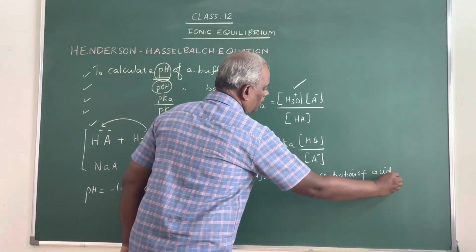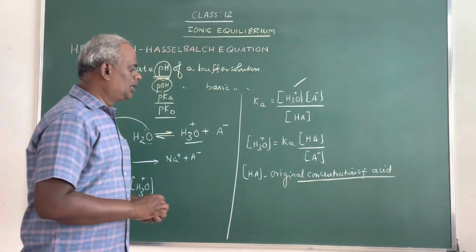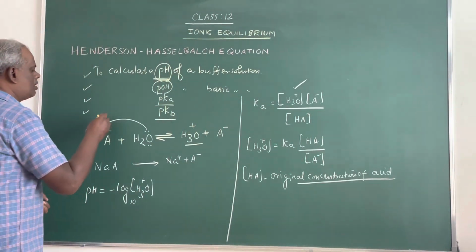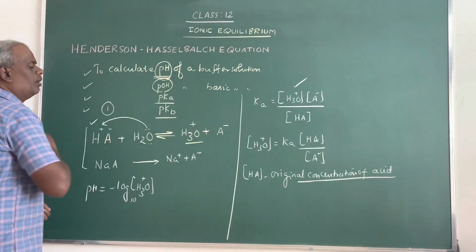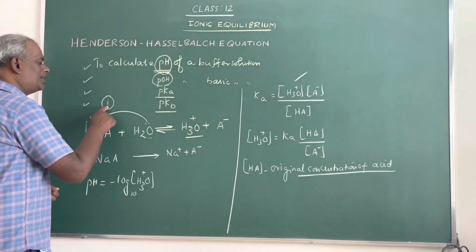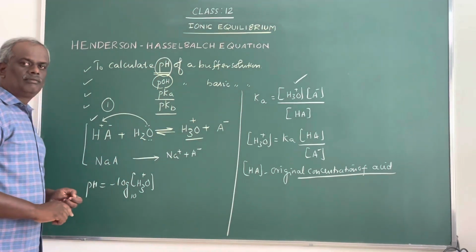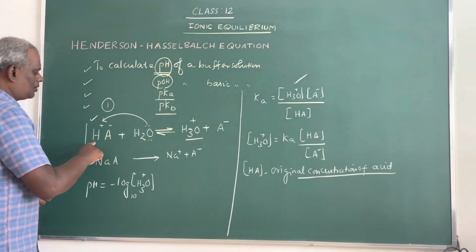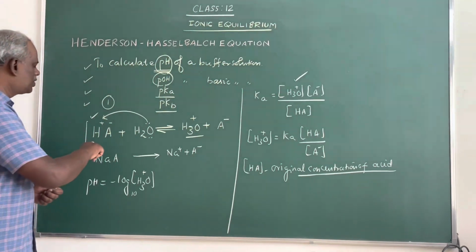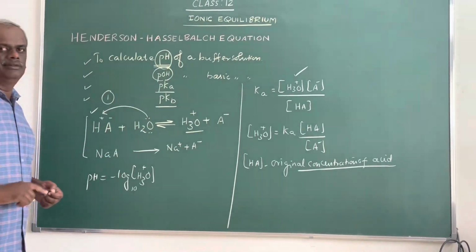I will explain why. Suppose you take 1 mole of HA initially; only a fraction is getting dissociated, so the fraction of HA dissociated is very much lesser.